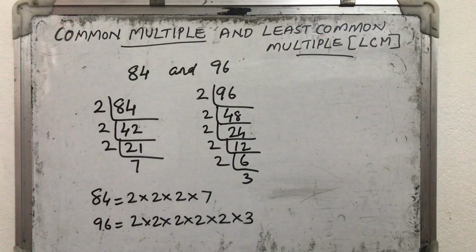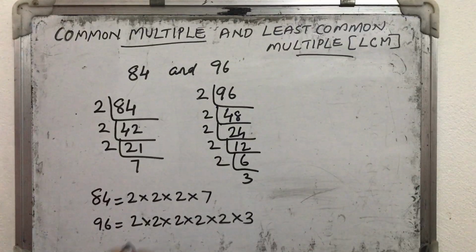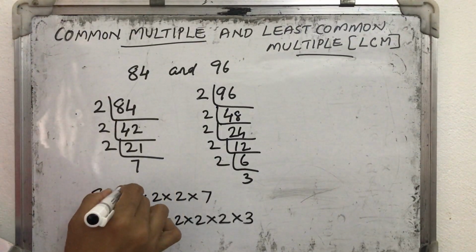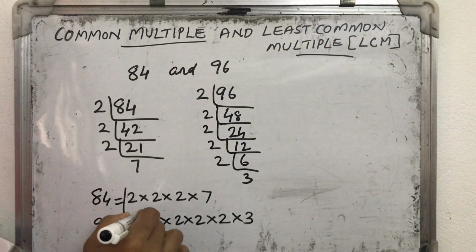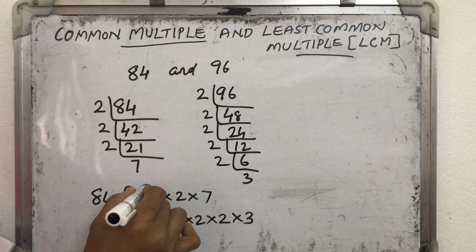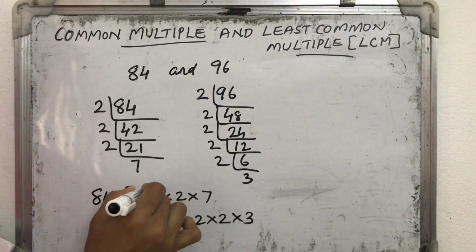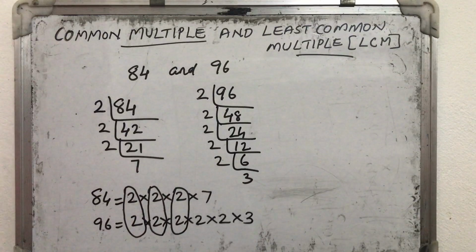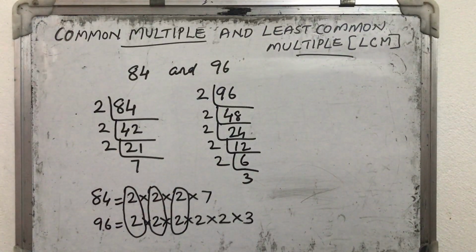When we find the HCF using prime factorization, we circle the common factors. Just like here also, first we find the common factors in this, then another common factor, and another common factor also. So these are the only common factors for 84 and 96.